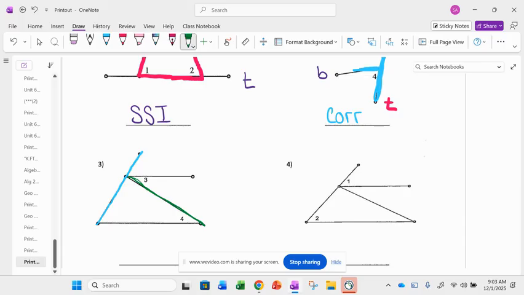So which transversal is closest to both angles, the blue or the green? The green. So that's the transversal we're identifying. So I'm going to call this T. Or actually, so it's not confused, I'll put the T down here. Here's the T. And then this is line A, and this is line B.